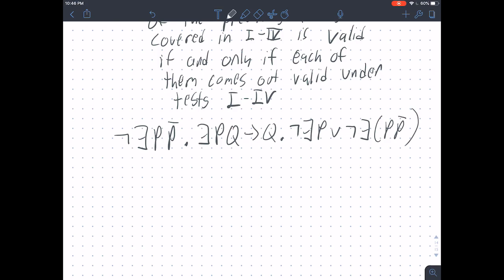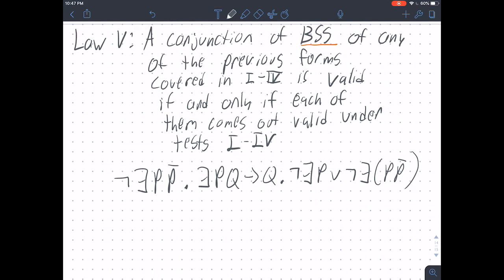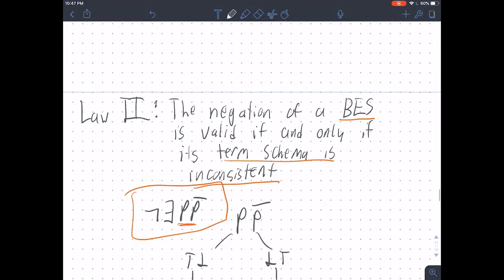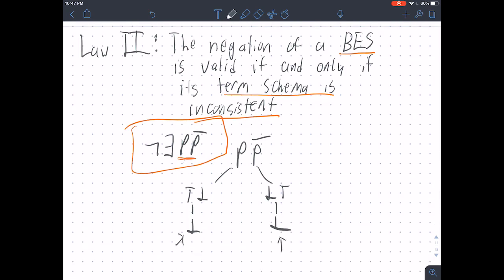Right. So what we'd have to do for this one is, this whole thing is a conjunction of Boolean statement schemata. And we'd have to go through and do first here, we'd have to use our second law: the negation of a Boolean existence schema is valid if and only if its term schema is inconsistent.